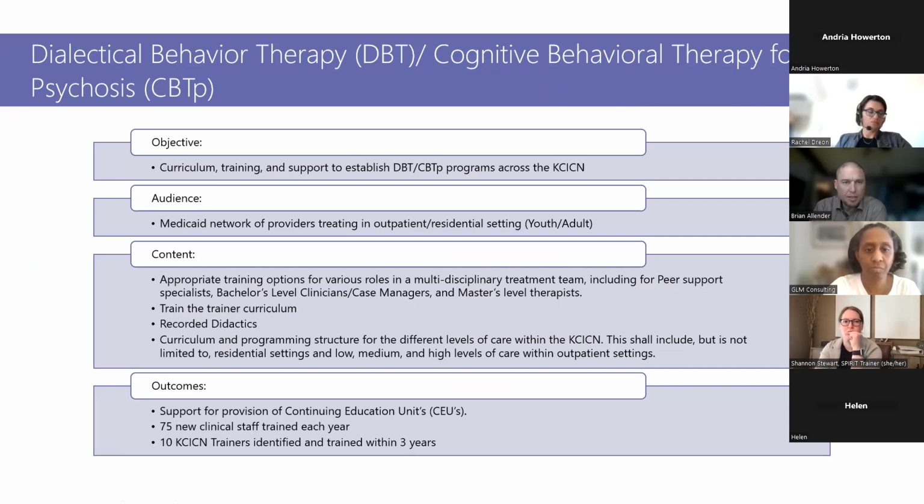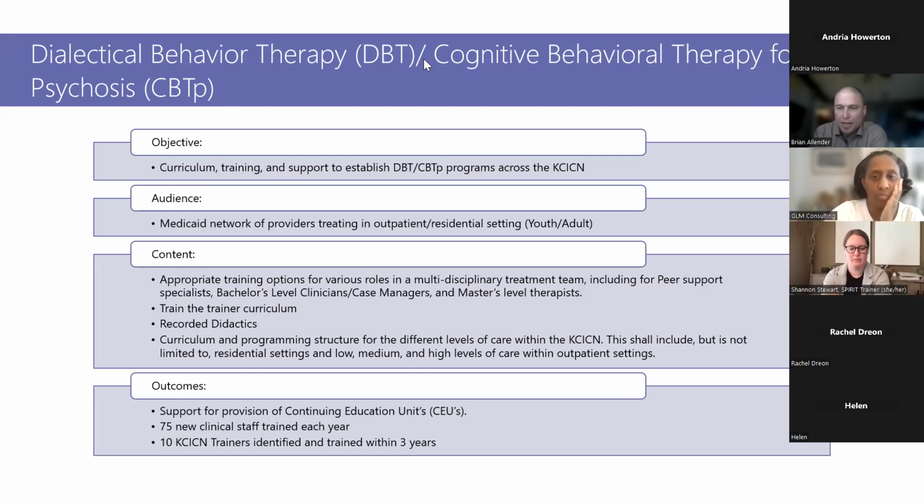So when it comes to the DBT and the CBTP programs, our goal is to establish self-sustaining training programs. What we've learned from implementation science and real world experience is that for these kinds of programs to be sustainable in community mental health settings, they need to be ongoing training programs, not one and done.